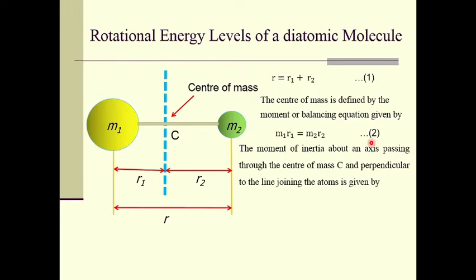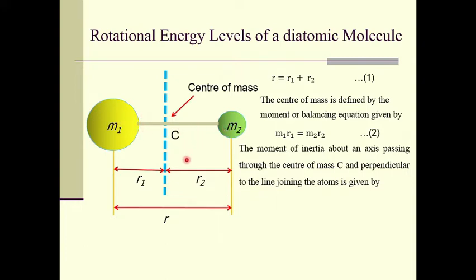The moment of inertia about an axis passing through the center of mass C and perpendicular to the line joining the atoms is given by, since our molecule is rotating about this axis, the moment of inertia about the axis passing through the center C perpendicular to the line joining the two atoms.